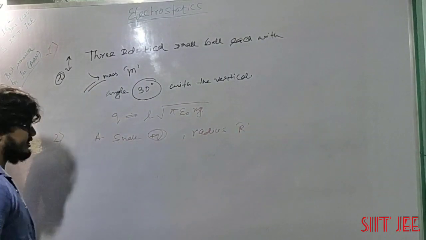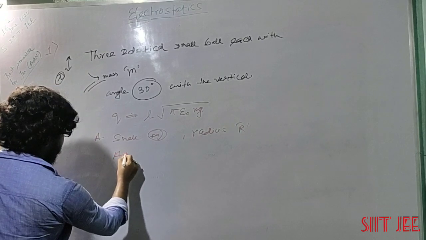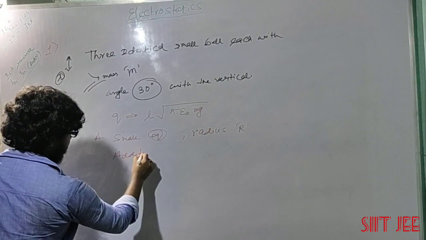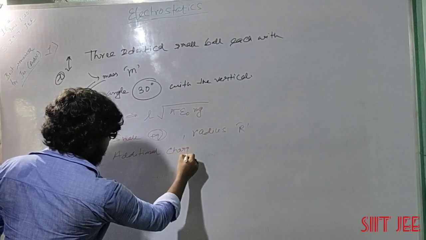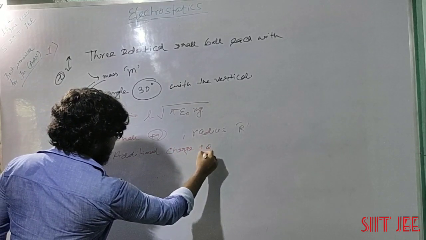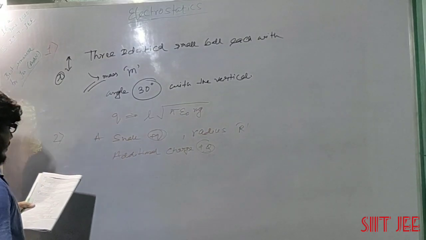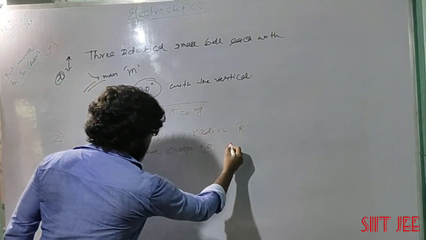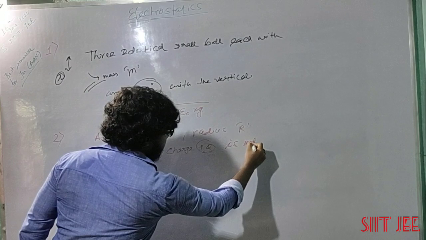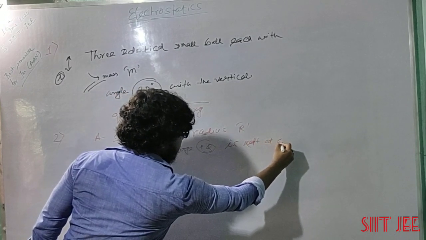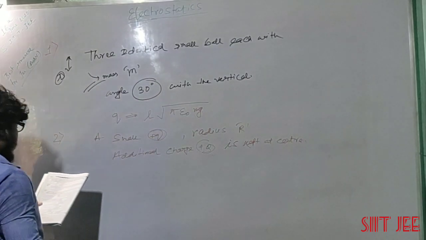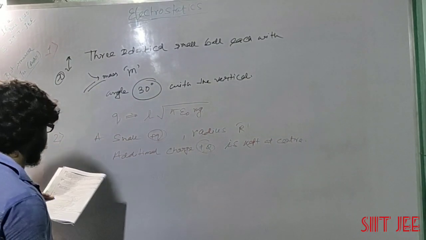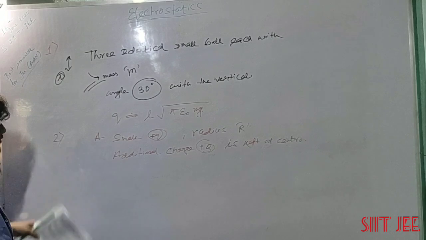If an additional charge plus Q is kept at the center, find the increment in tension in the ring.